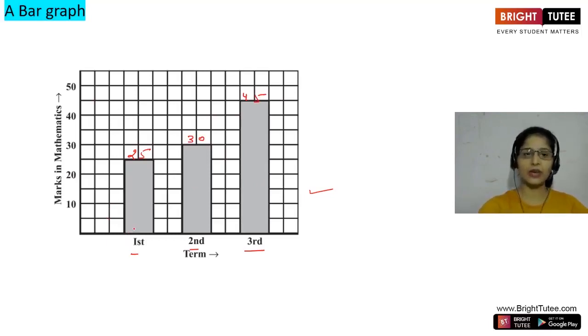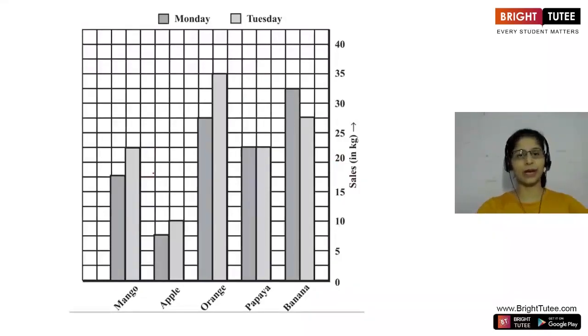right? Now giving you an example of double bar graph, what did we do in double bar graph? We were making two rectangular bars. These are known as bars. These are all of equal width but different heights. Different height shows the different values. Suppose here this dark grey color is showing Monday, and the lighter one shows Tuesday.